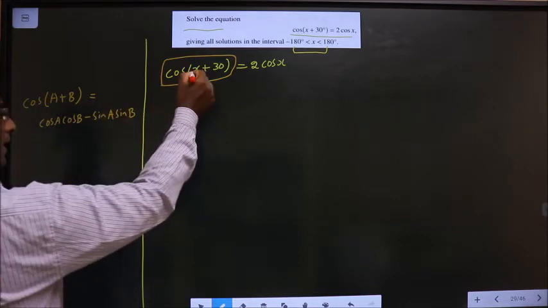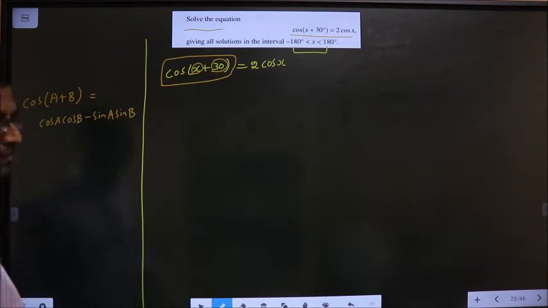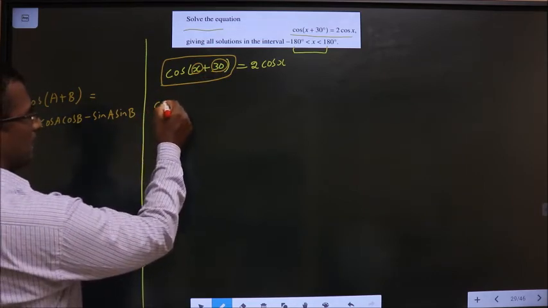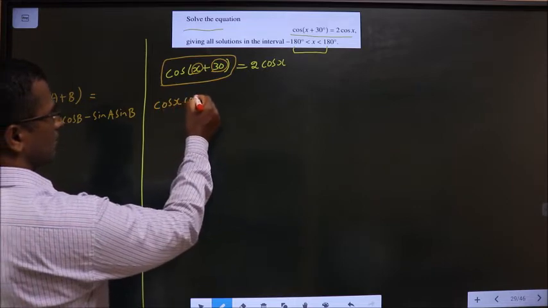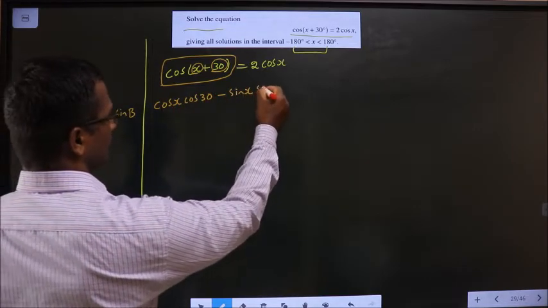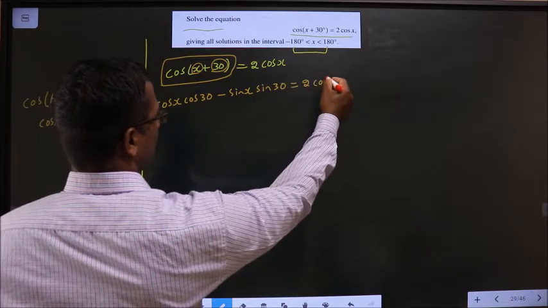In place of a you have x, in place of b it is 30. Clear? So apply it. So this will become cos x cos 30 minus sin x sin 30 equal to 2 cos x.